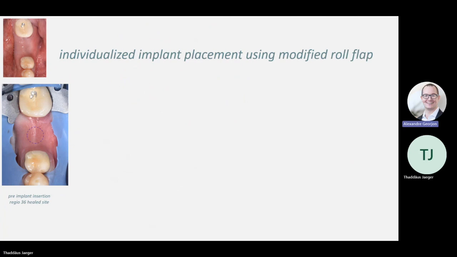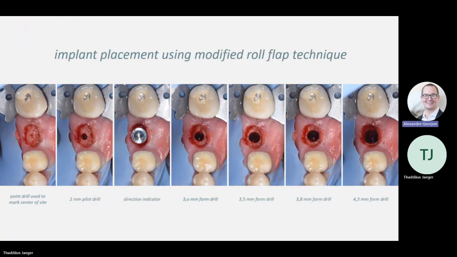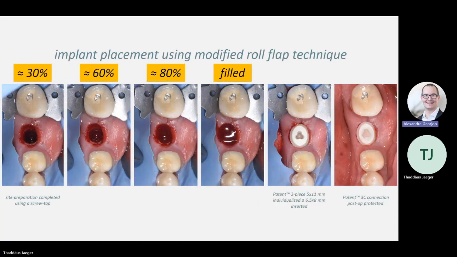So we firstly mark here didactically where the round cross section would be, and then we go for an individualized platform for this patient. We do an individualized asymmetric access here, remove the epithelium, a small mini flap which is rotated to the buccal, to the outer part, and then we go through the full drilling sequence as given for that specific implant. And finally, most important, we activate the site.